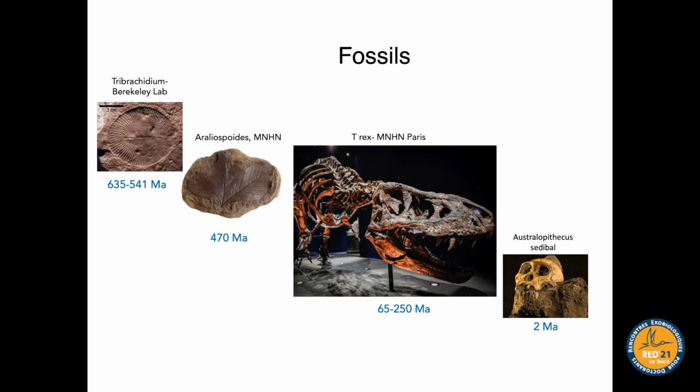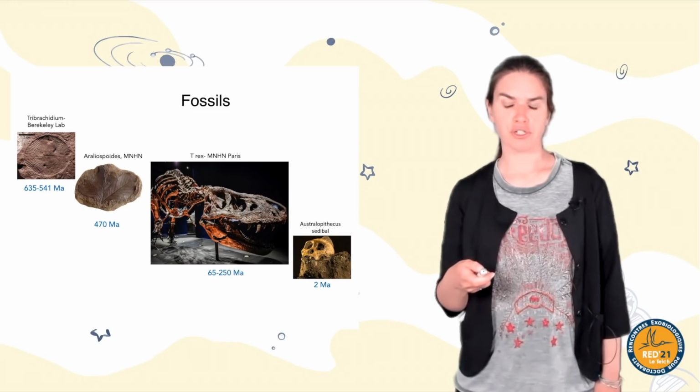So here I show you some of these emblematic fossils. You have obviously the humanoid fossil from Australopithecus, where there is no question that it was a living animal. There is also this big dinosaur, so even extinct animals we can still recognize in the geological record.